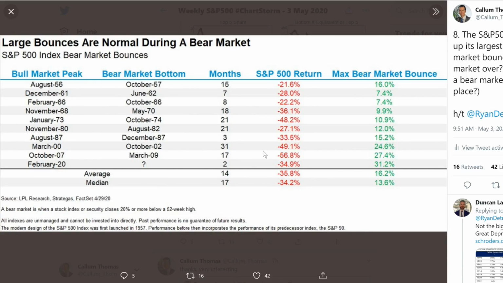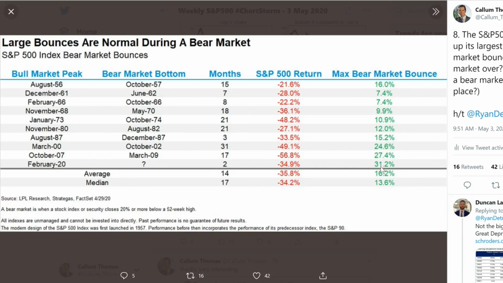One thing to highlight, and there was a lot of chatter about this earlier on, is just how rapid it was. Not drawn out at all. But anyway, if you look across these different bear markets here, it was the biggest bear market bounce. But then 31 versus 27, we're not really talking about a massive outlier here.